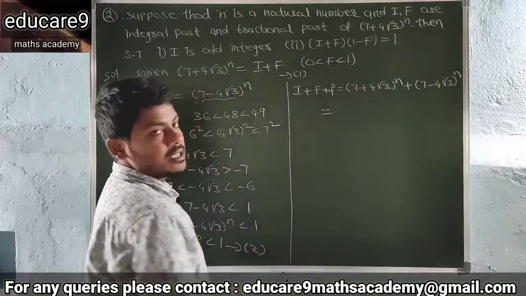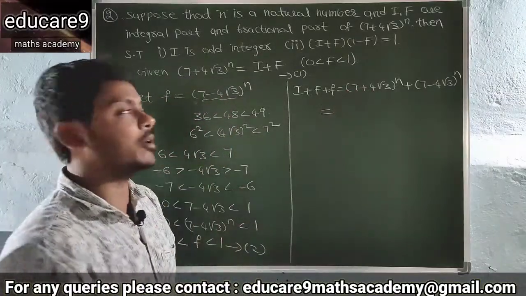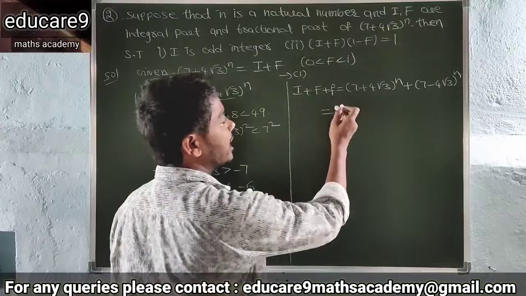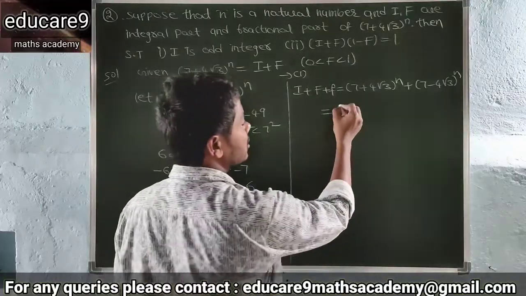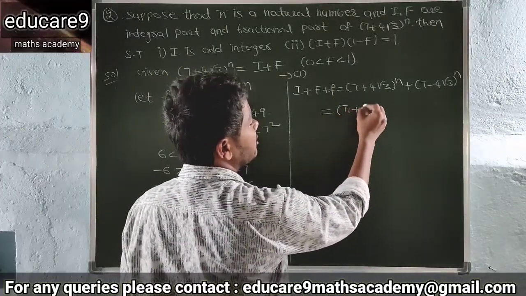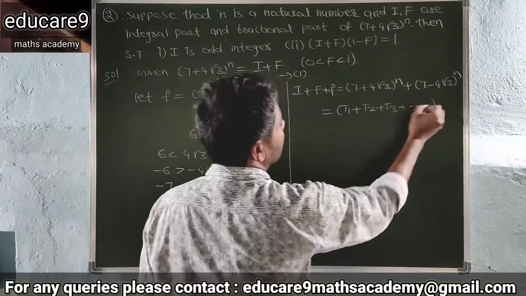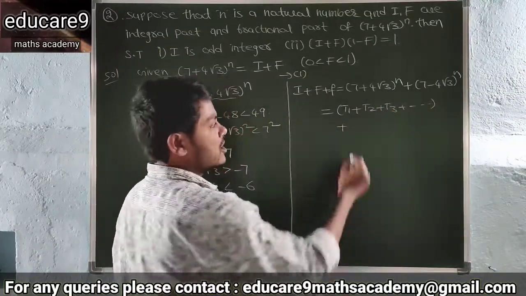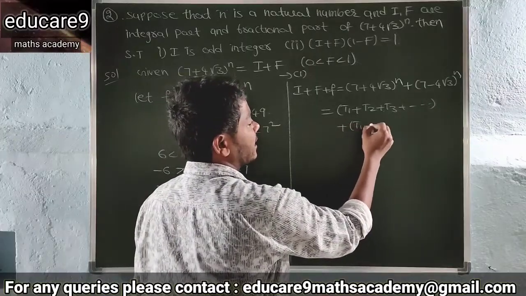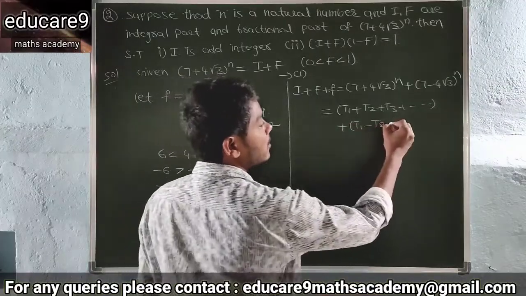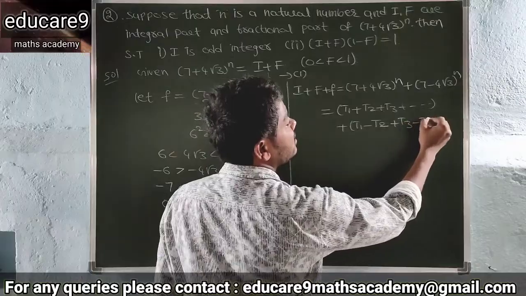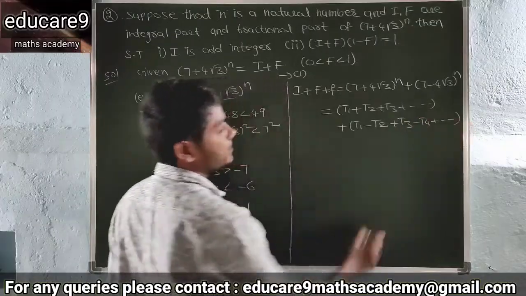So clearly, the expansion of (7 plus 4 root 3) to the power of n has all positive signs, that is some t1 first term, t2, t3 and so on, plus this one: first term, second term is negative, plus t3 minus t4 and so on.